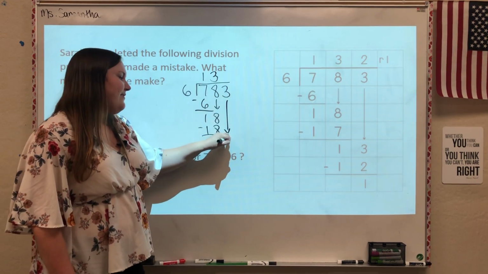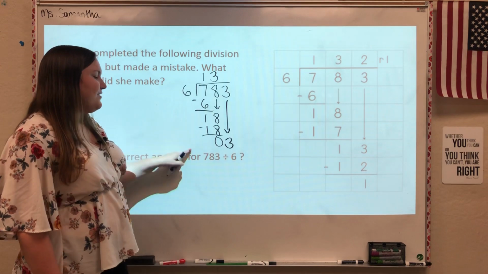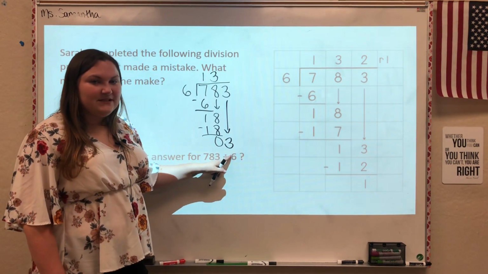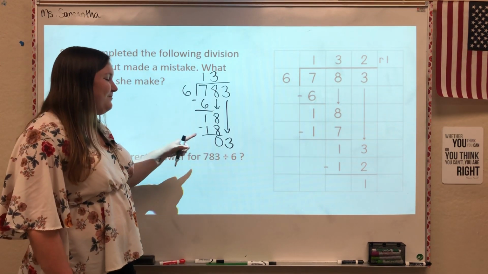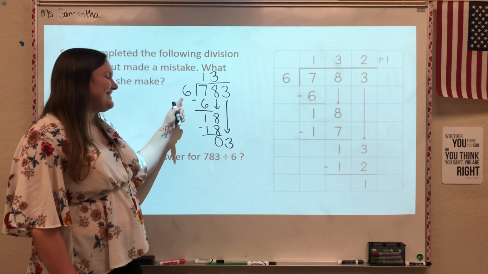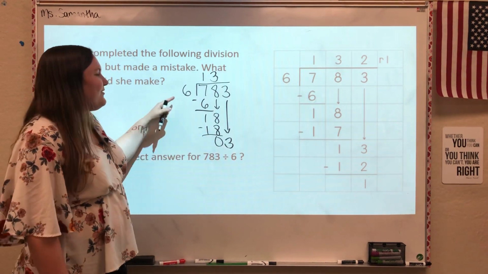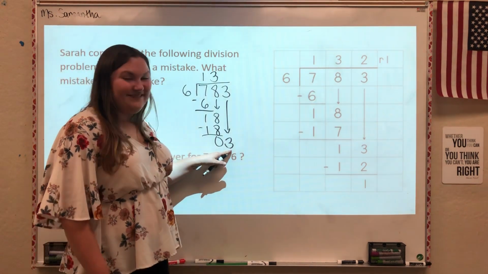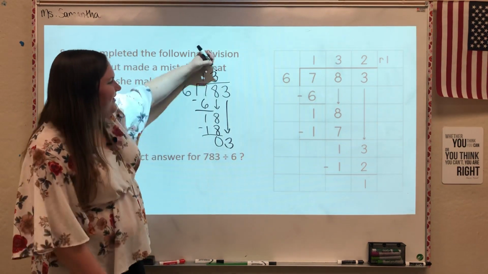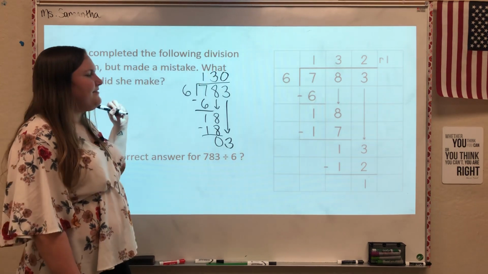Last step, bring down that 3. 6 goes into 3 how many times? It might be tempting to say 2, but that's 6 divided by 3, not 3 divided by 6. We're trying to see how many 6's go into 3. 6 doesn't go into 3, so that will be a 0.